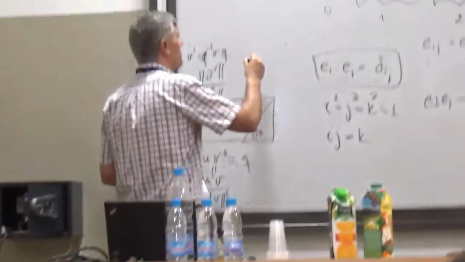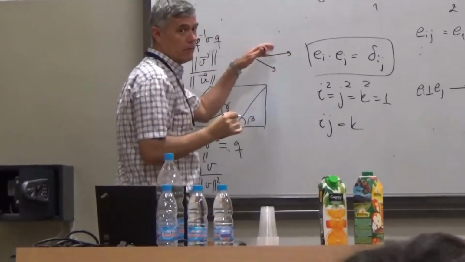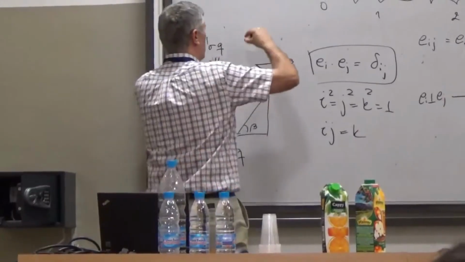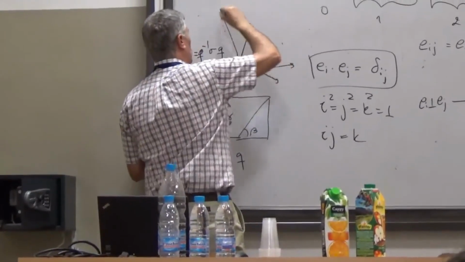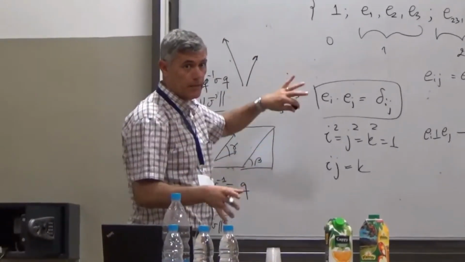So you have here a fusion of vectors and another fusion of other vectors. But the planes are not always different planes in general.